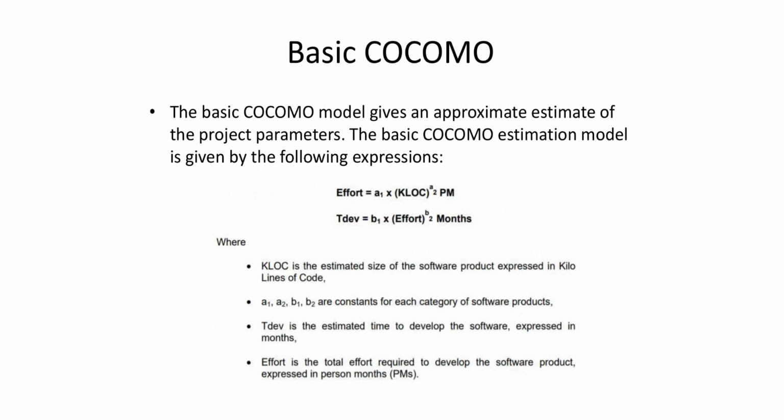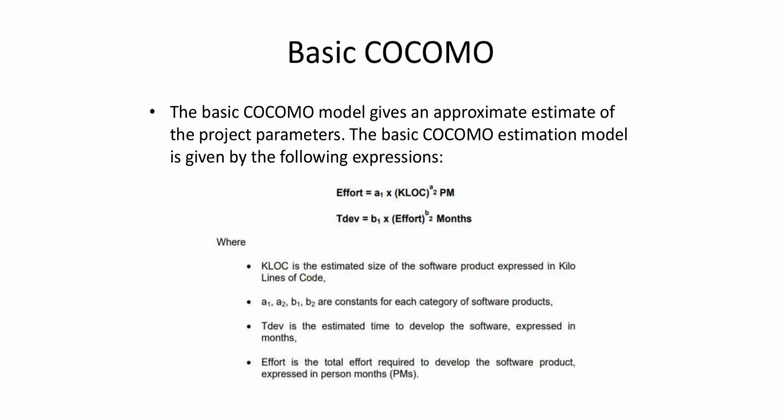The effort estimation is given by A1 times KLOC raised to the power A2, where A1 and A2 are coefficients: A2 is the exponent, and A1 is the tuning coefficient. Likewise, Tdev, the development time, is given by B1 times effort raised to the power B2, where B1 is the tuning coefficient and B2 is the exponent of the effort.